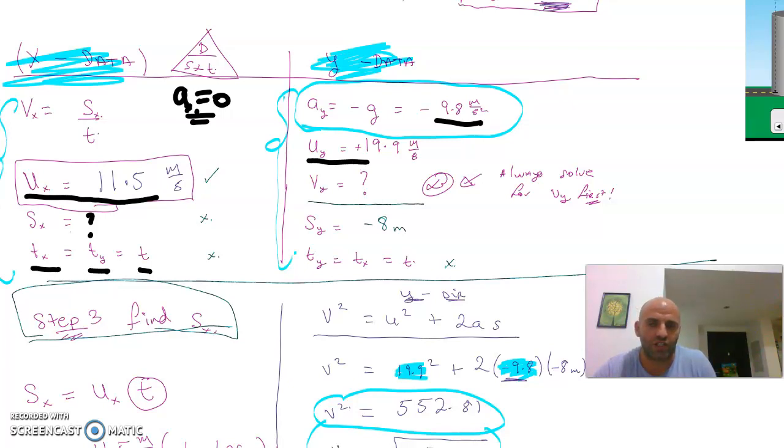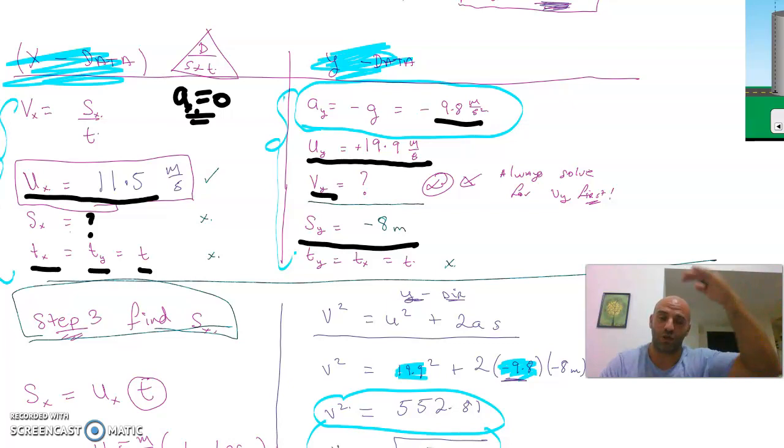You've got your initial velocity in the Y direction, your final velocity here, and I have a little asterisk here. We are going to solve for the final velocity first, no matter what, because it will simplify the calculation big time. Then your displacement in the Y direction, well, we know that that's negative 8 meters because it has come down by 8 meters.